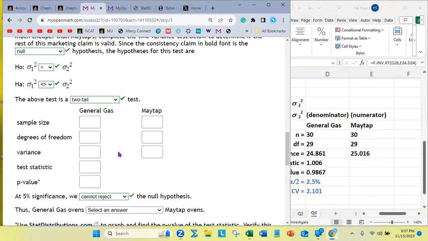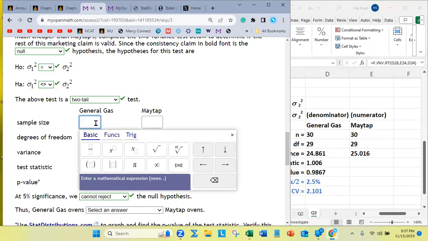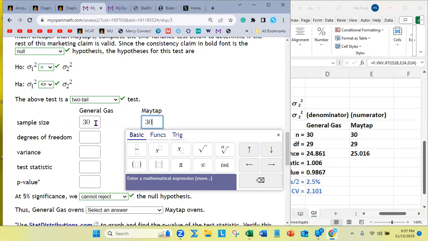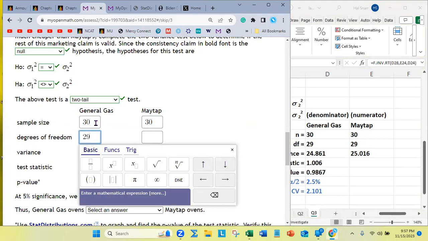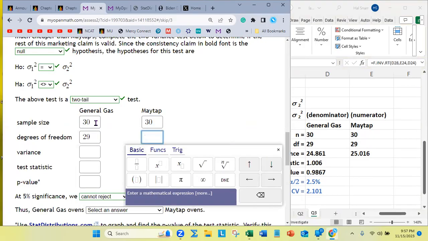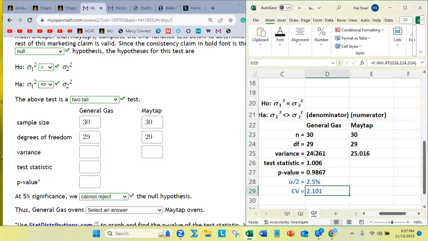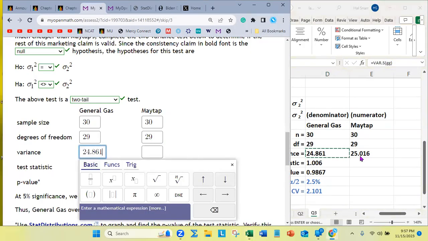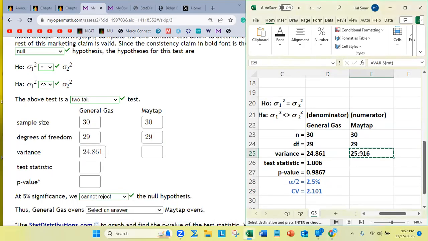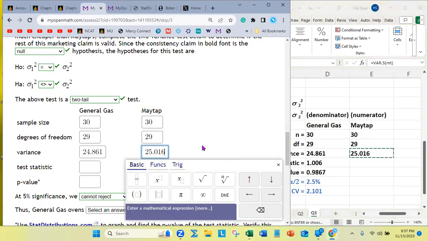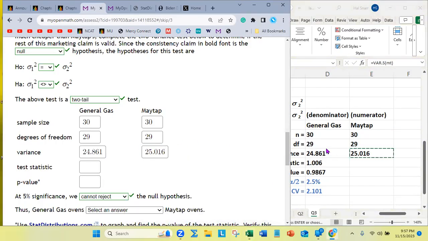So let's go back to my OpenMath and fill in the information. Both sample sizes were 30. Both degrees of freedom were n minus 1, or 30 minus 1, 29. The variance of General Gas was less than the variance of Maytag, but not by much.